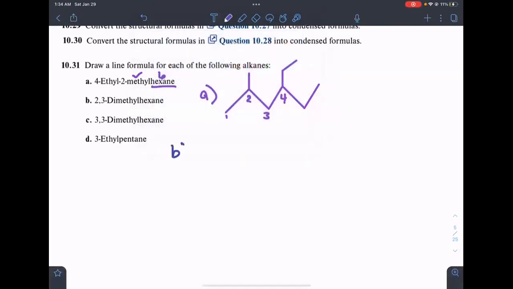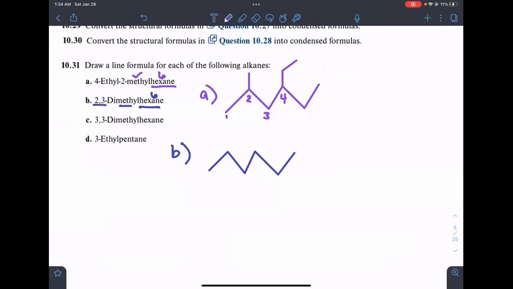B. 2,3 dimethyl hexane. So we still have hexane, so we still have 6. So it's the same thing. 1, 2, 3, 4, 5, 6. Okay. So now, what are we going to do with this? Now we need to look, and methyl, we remember that is only 1 carbon.